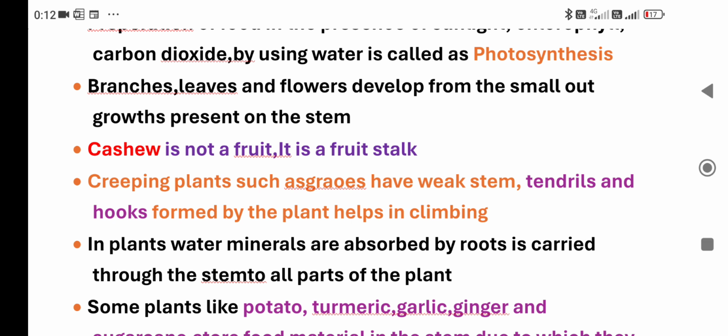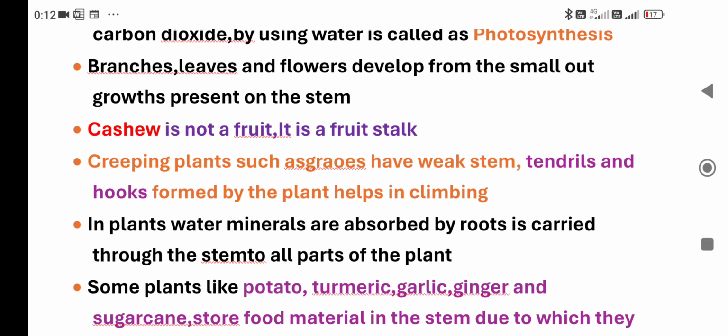Creeping plants such as grasses have weak stems. For example, in your gardens or in your home, there is a dolichos lablab bean plant. If you observe that, it doesn't have a particular stem. It doesn't have any strong stem. It has a very weak stem. They are not able to stand without any support. So in that particular type of plants, to give support to the stem, there are stem modifications.